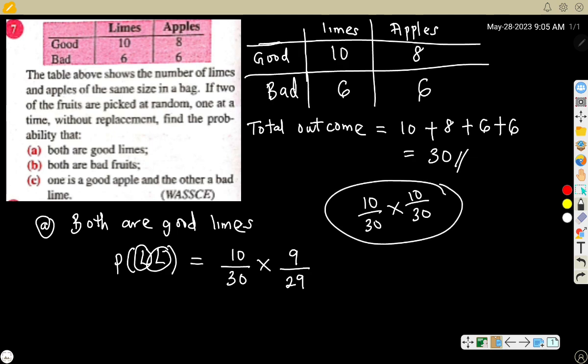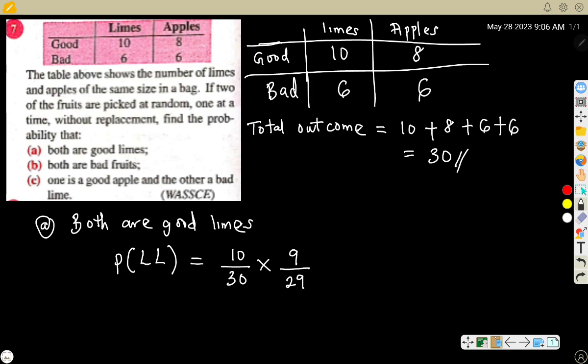With replacement, there is no reduction, everything remains the same. But without replacement, as you pick each time, the total number reduces. So as it's 30 here, it will be 29 here. This is 10 good limes, so it will be remaining 9 good limes. So know the difference between with replacement and without replacement.